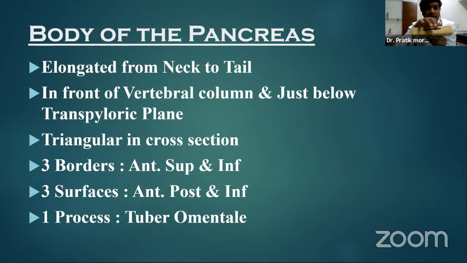You can see this and you can see this. That's why it is an anterior surface. One which you cannot see is the posterior surface, and one which is below is the inferior surface. Simple. So that's why anterior, superior and inferior borders and anterior, posterior and inferior surfaces.